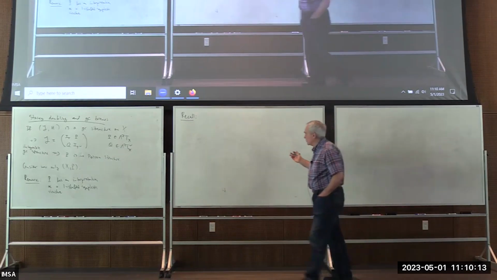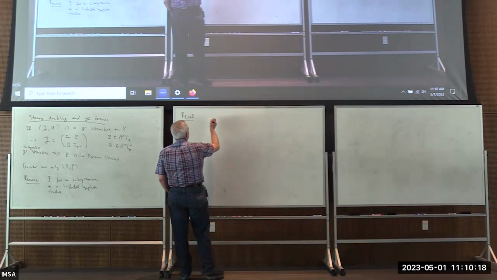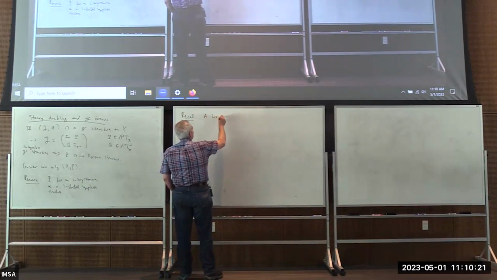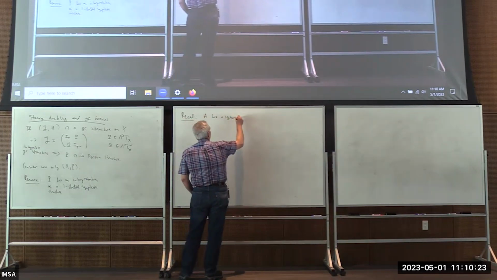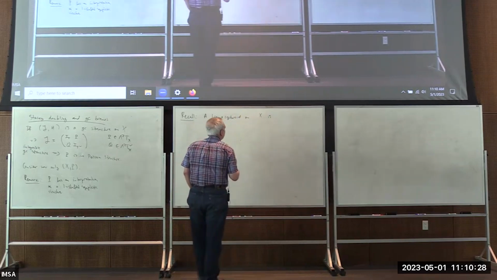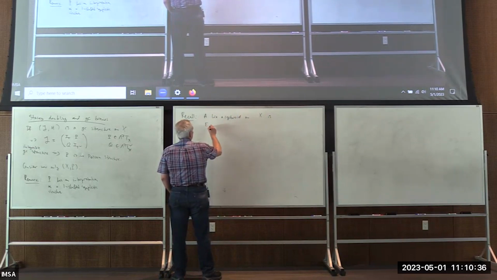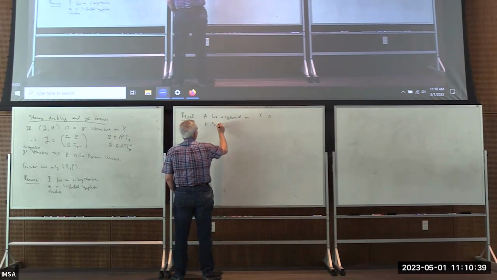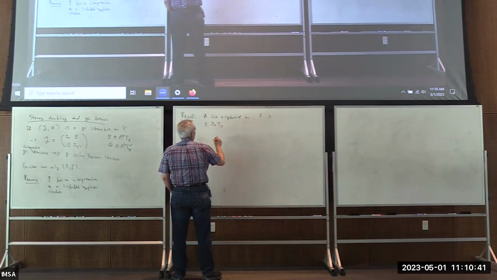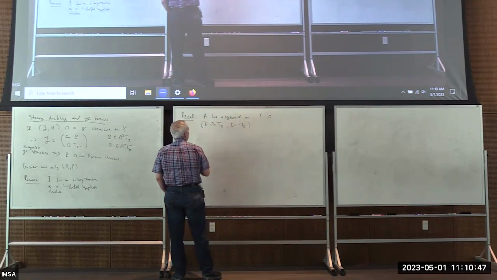So let me just recall the notion of a Lie algebroid. I already mentioned it a bunch of times, but let me now remind you what that is. A Lie algebroid on a manifold X is the data of E together with a map A to the tangent bundle of X, and then some bracket on E. So E is a vector bundle.